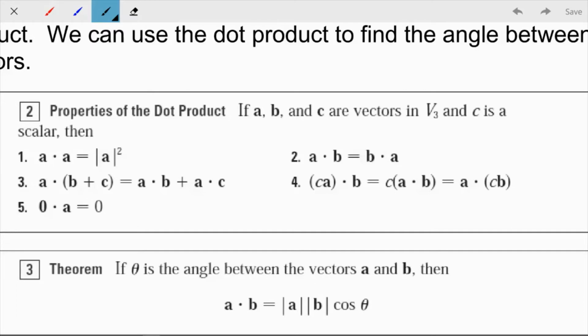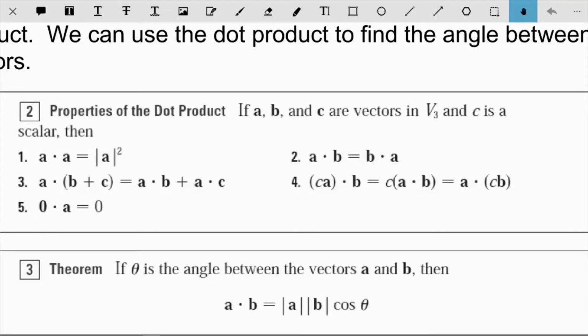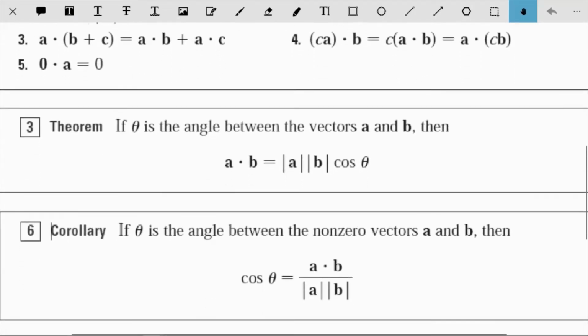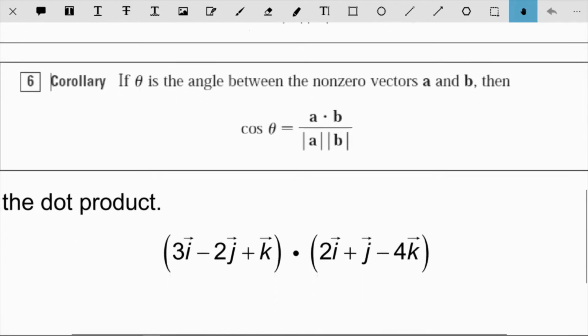But you will see as you look through, these first 5 that we have right here, when you look through those and you think about what's the actual numerical operation that's happening here, it makes sense that these properties are what they are. A lot of them are similar to properties that we see just dealing with numbers, like associative property, commutative property, things like that. Okay, so think about those properties on your assignment, and like I said, you'll spend some time understanding why those properties work the way that they do.